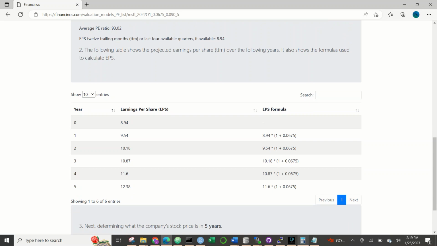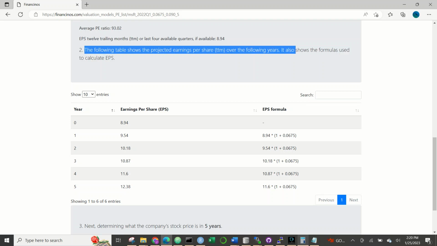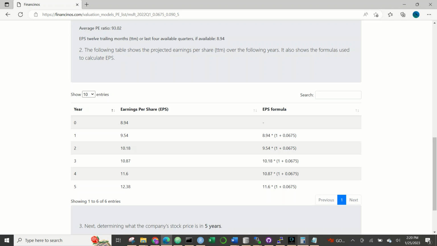Step 2, we're now going to take a look at the table, which shows projected earnings per share, trailing 12 months, over the following years. It also shows the formulas used to calculate earnings per share. In year 0, earnings per share was 8.94, which was shown in step 1.